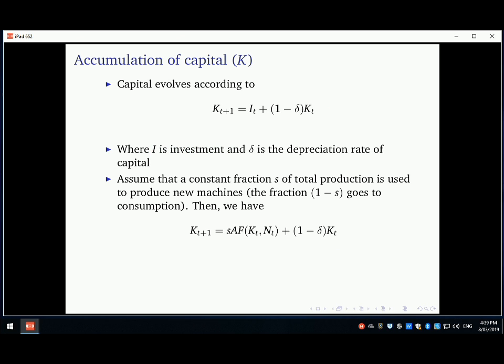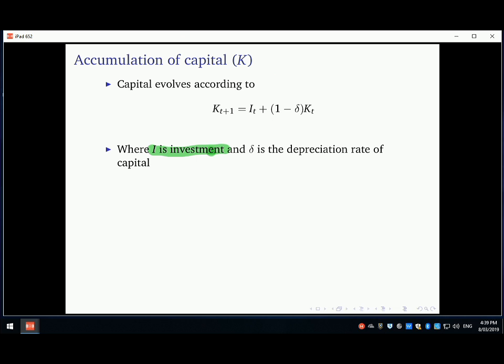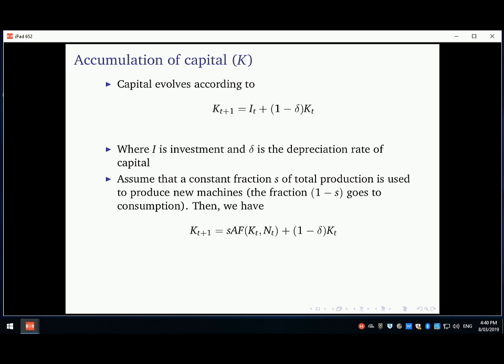And this equation here is the key for this model. This is a dynamic equation that, given the assumptions that we have made already, will determine the long-run equilibrium of the economy and also the transition path of this economy. So this is super important. This is an assumption that we make about how capital evolves over time, which is pretty much standard, not only when we think about capital, but also other stock variables, even human capital.